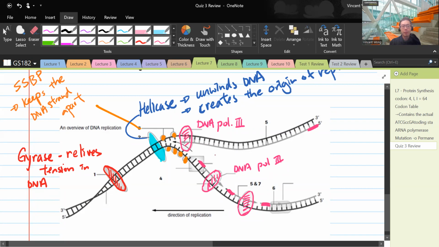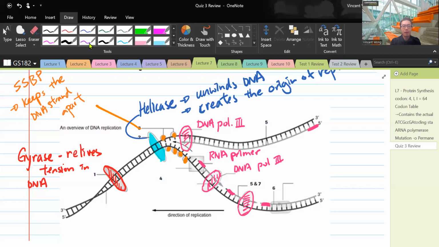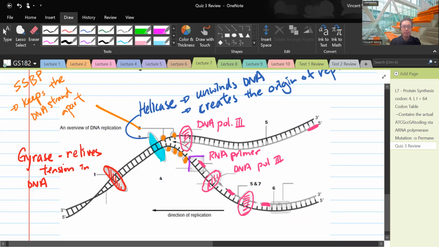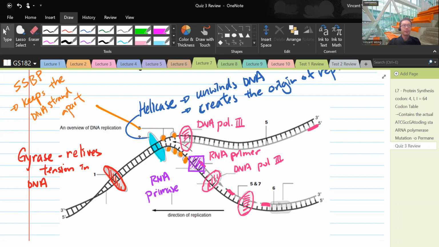Okay, so the RNA primer, which I should label, is going to be laid down there by this enzyme, right? This is squared enzyme. So that would be the RNA primase, right? It helps position the DNA polymerase 3 basically by laying down a few RNA nucleotides. Okay.